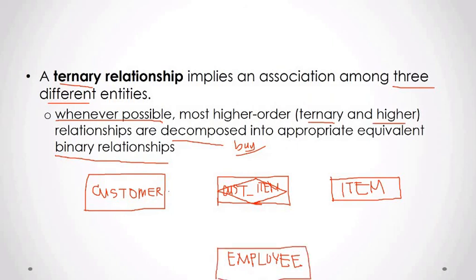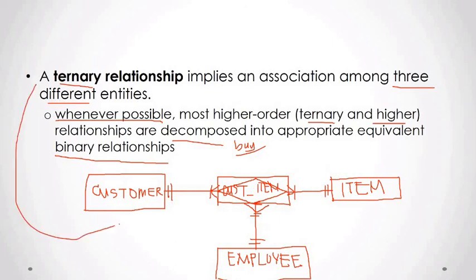So in this case, the diagram now looks like this. Okay, so a customer is going to buy an item from the employee.